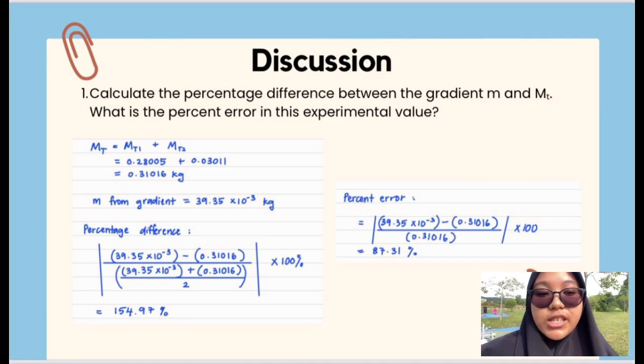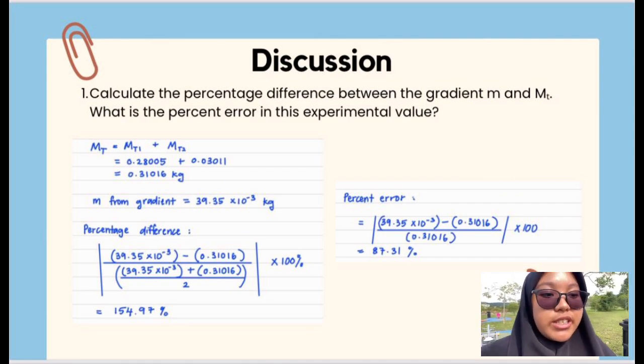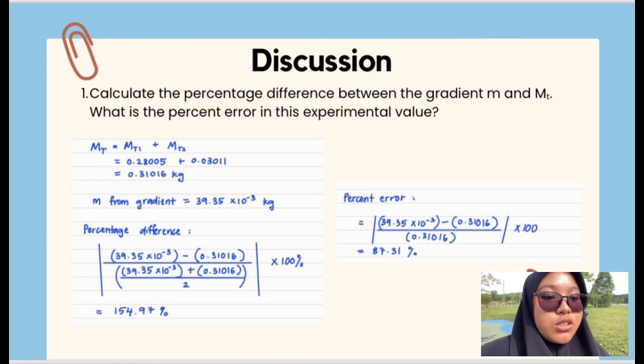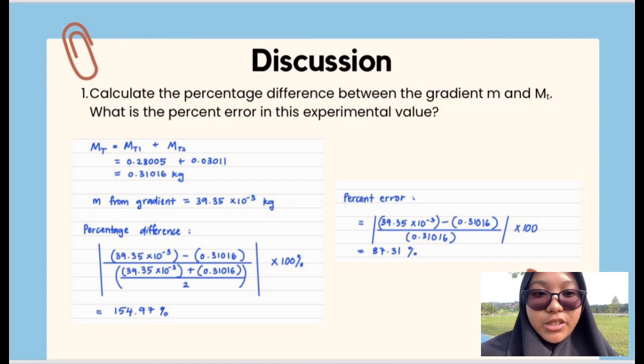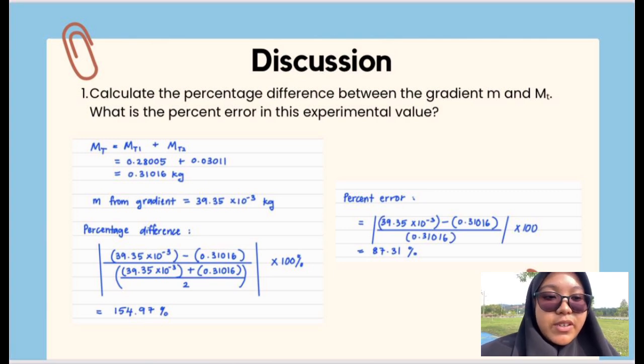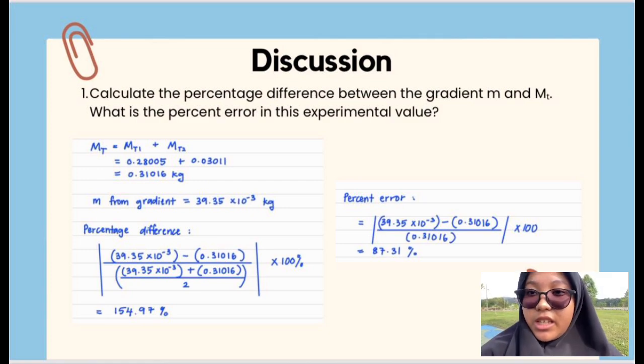So the first question is to calculate the percentage difference between the gradient m and MT. So the question is, what is the percent error in this experimental value? To find this percent error, we need to find the mass first. So the calculation is MT equals MT1 plus MT2.